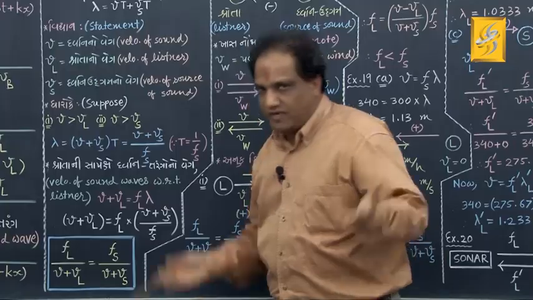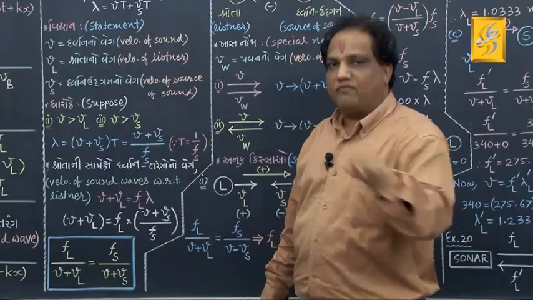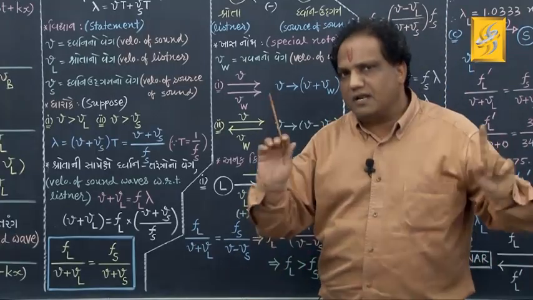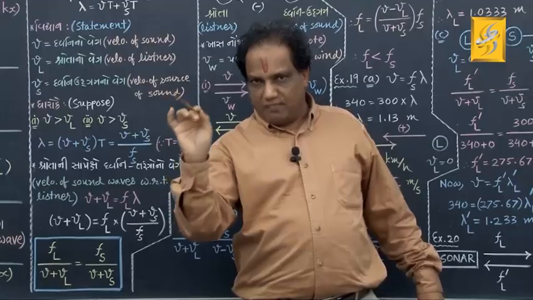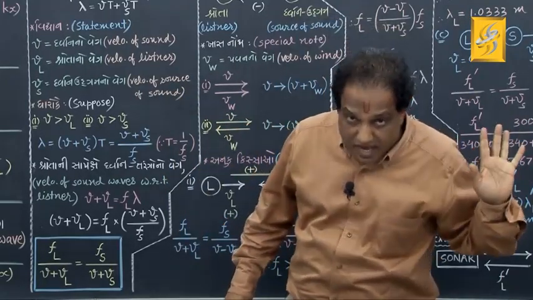FL upon V plus VL equals Fs upon V plus Vs.